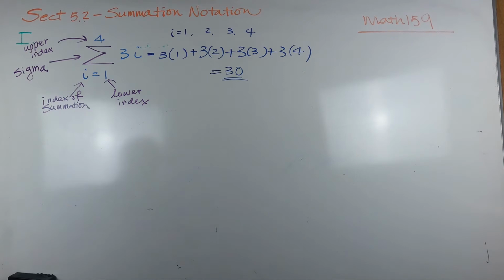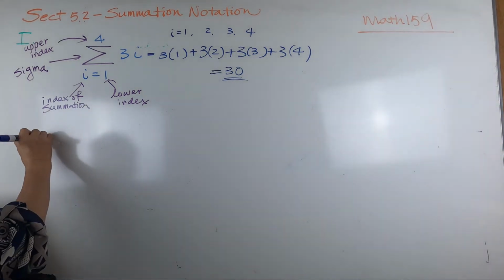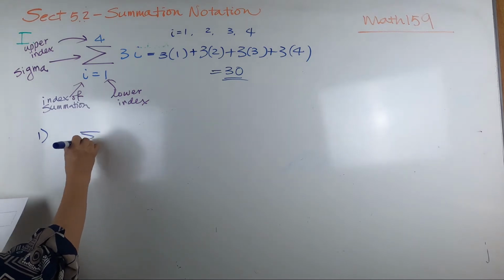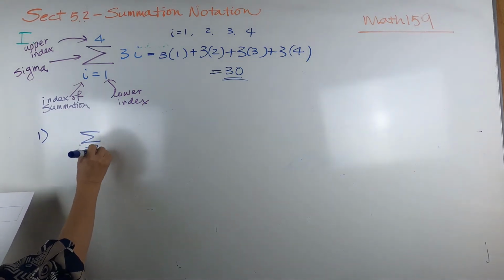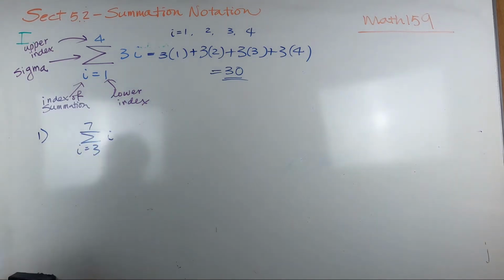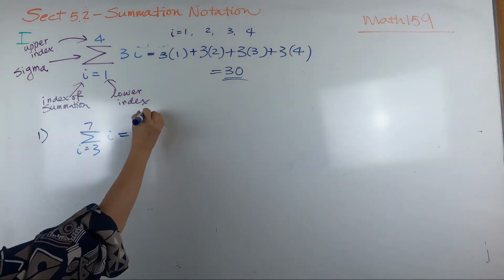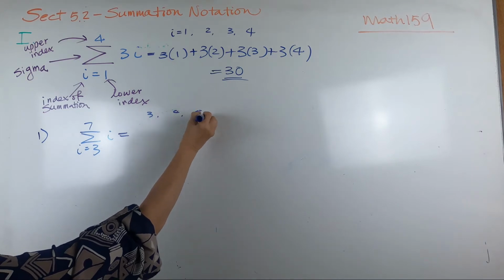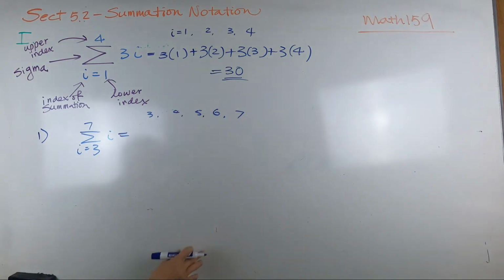So we are learning this sigma right now, the summation notation. Pretty straightforward. Then if we have an example, find the sigma, i equals 3 to 7 of i. So what do we need to do? i starts from 3, 4, 5, 6, up to 7.